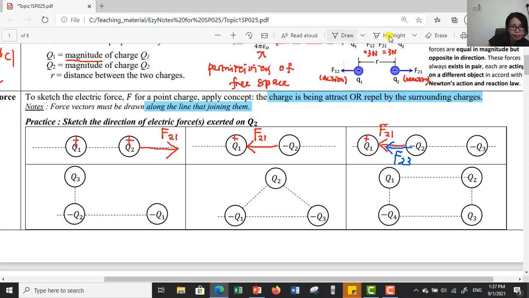Jadi Q2 akan rasa daya tolakan. So Q2 akan rasa repulsive force. Dia akan pergi jauh daripada Q1. Kenapa? Sebab dia charge negatif, Q1 pun charge negatif. Dia akan saling repel, dia akan saling menolak. So kita ada F21.